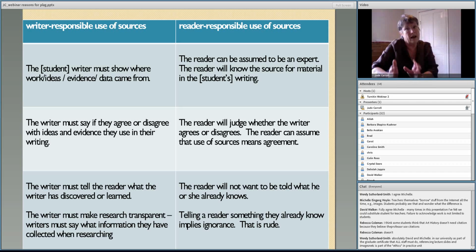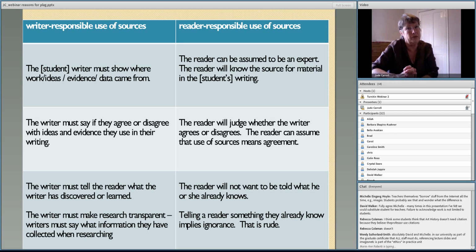If you look on the other side, if you look at the column that says reader responsible use of sources, instead of the writer showing, we can assume in reader responsible use of sources, the reader can be assumed to be an expert. The reader will know the source of materials in the student's writing. That's, by the way, what the art history student said to me.